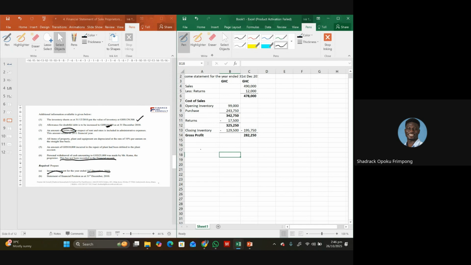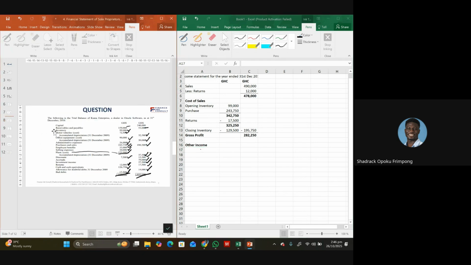So now let's move on to other income. So we have other income. I think we were given some few things: investment income, and I think discounts. So let me also say this.